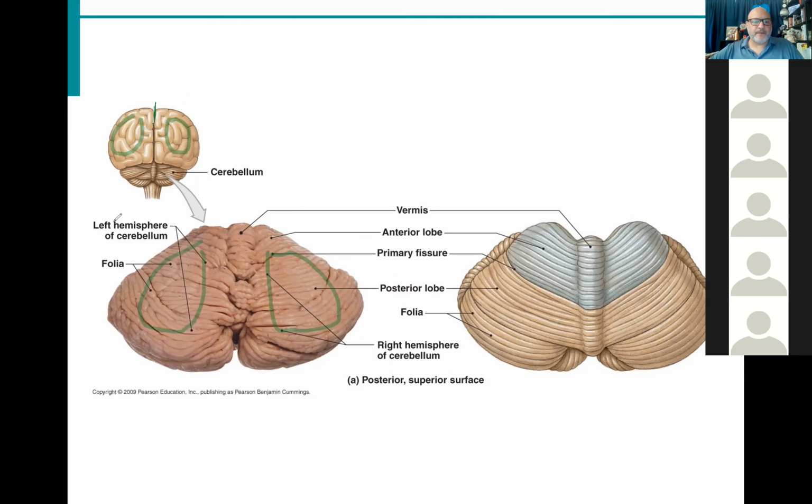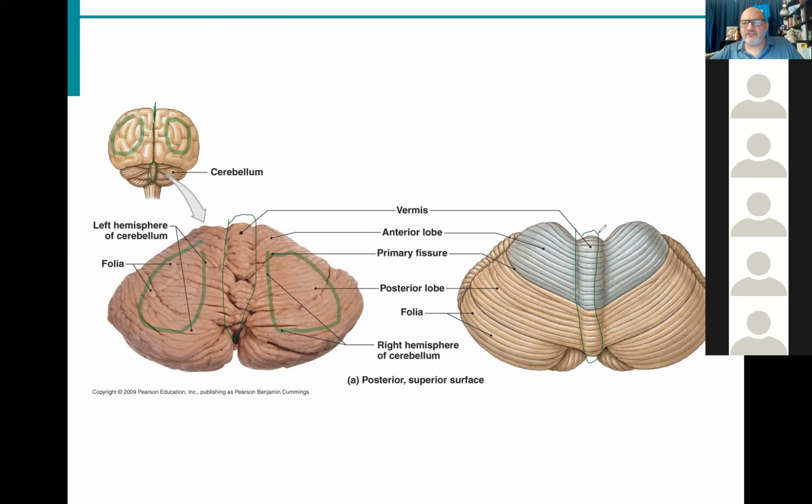But notice the opposite is true on the cerebellum. On the cerebellum, there is actually a raised ridge that connects them together. Here we see that raised ridge. So there's no deep invagination, instead there's a raised ridge. And here we see the nice simple illustration of it as well.